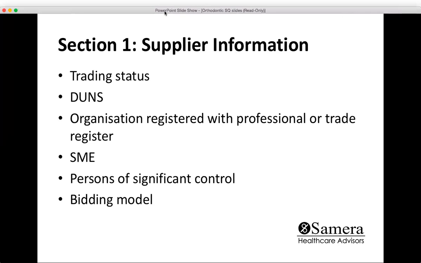If you Google Dun & Bradstreet, you can obtain a DUNS number, and you provide your email address. That's usually provided within 24 hours. And it's free to register, isn't it?